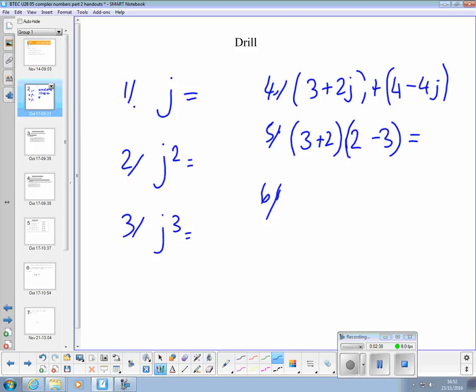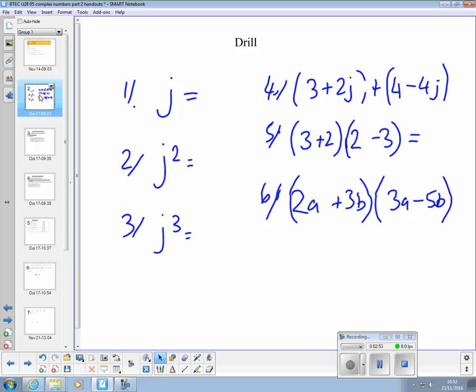And lastly, a little algebra check, that last one. Multiply out the brackets.